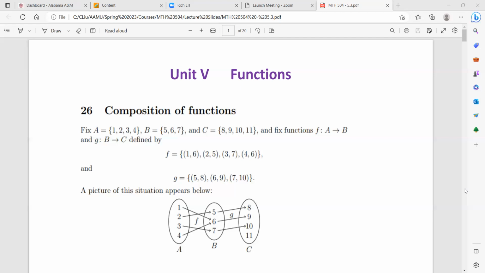In this section 3, which is unit 26 or part 26 in the book, we're going to talk about the composition of functions, and this is not new to you.